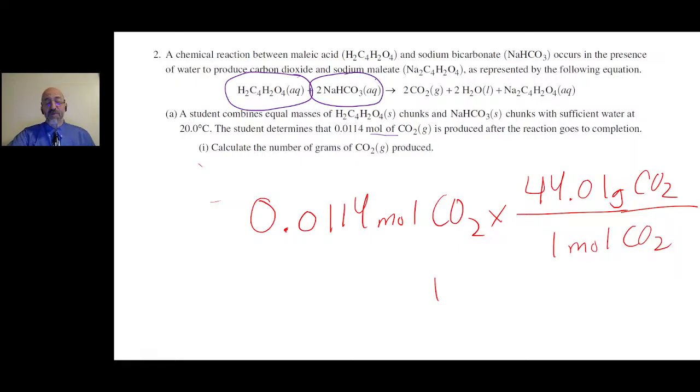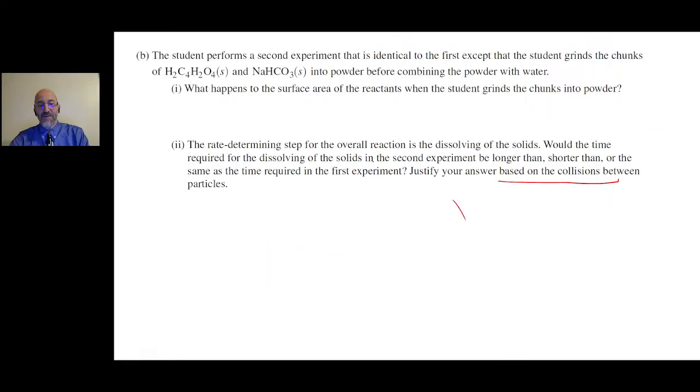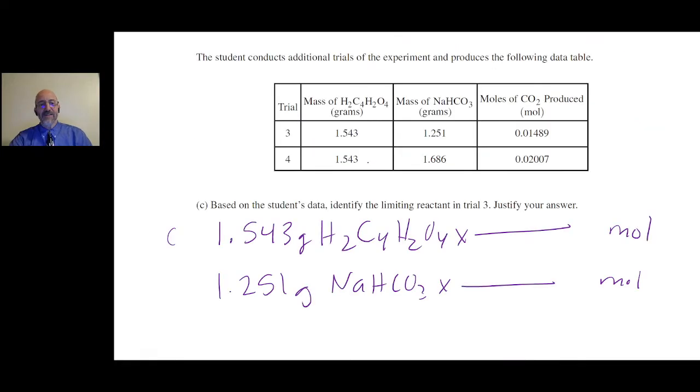So I could look at the number of moles and I could decide, do I have exactly twice as much? If I have a perfect 1-to-2 ratio, I think that would not involve a limiting reactant. But if there's more than 2 moles of the NaHCO3 compared to the moles of the other chemical, then I would say there's an excess amount of baking soda, the sodium bicarbonate NaHCO3. So I'm going to see if I could find an easier way than doing all of those calculations.